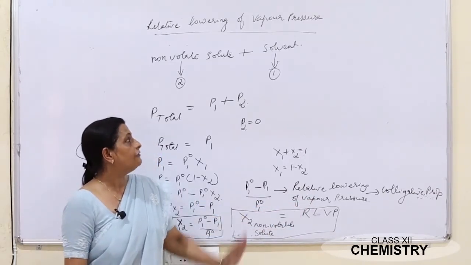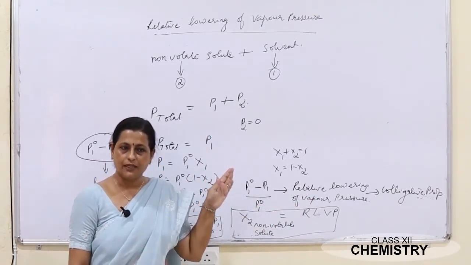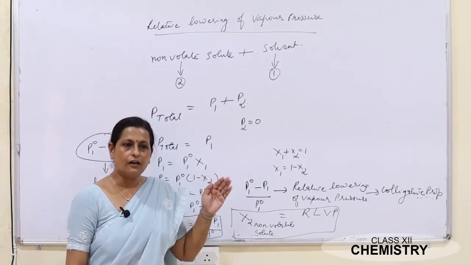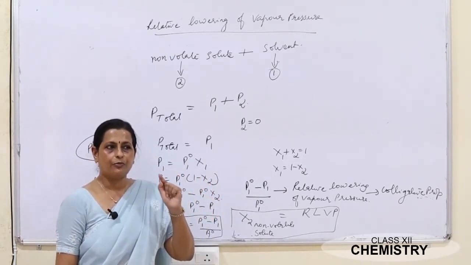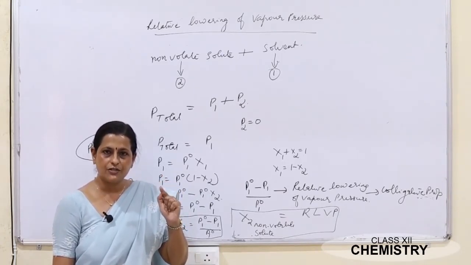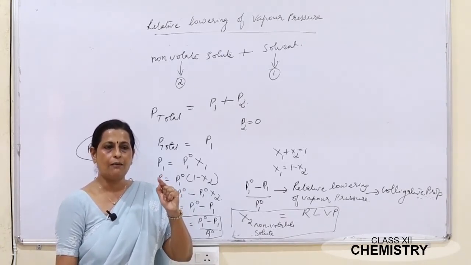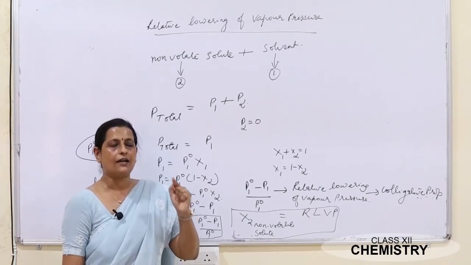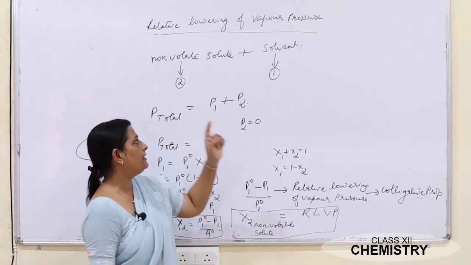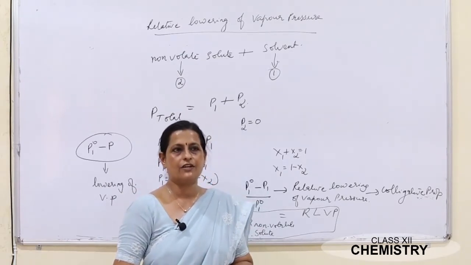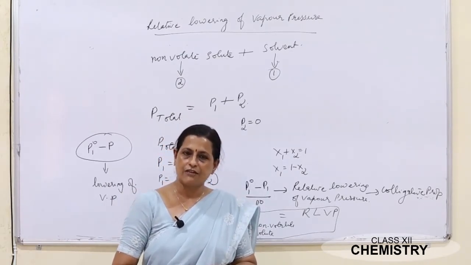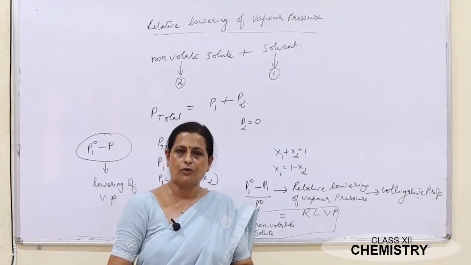So today we have dealt with colligative property. It's the property of dilute solution, so that you have to keep in mind. Colligative property is the property of dilute solution, which depends upon only the amount of solute and not the nature of the solute. And the four colligative properties are relative lowering of vapor pressure, elevation of boiling point, depression in freezing point, and osmotic pressure.